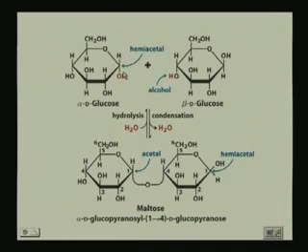We have an alpha D glucose here and a beta D glucose. Now follow this very carefully. This is the structure that we did in our last class. What do we have? We have hemiacetal formation where the OH of this carbon, what carbon is this? Carbon number 5. And this is carbon number 1 that originally was an aldehyde.